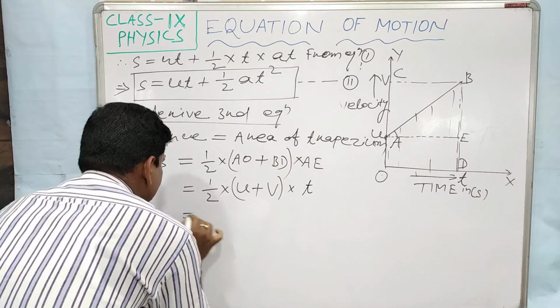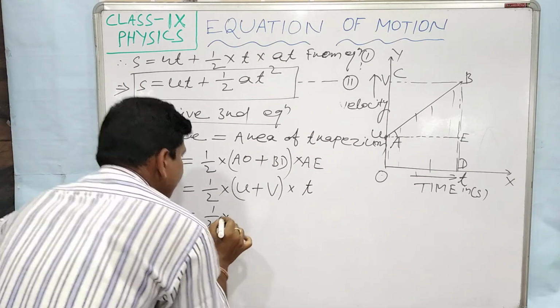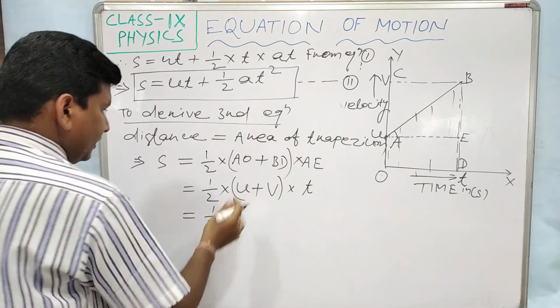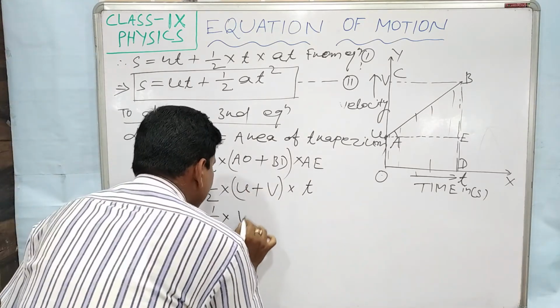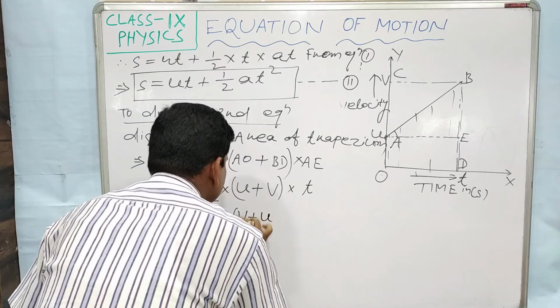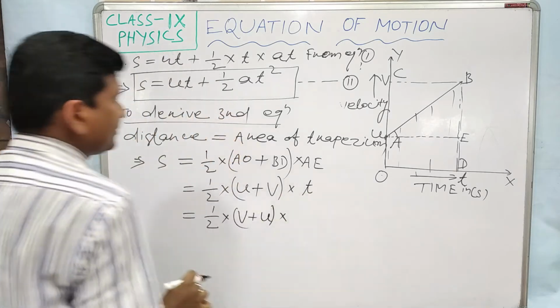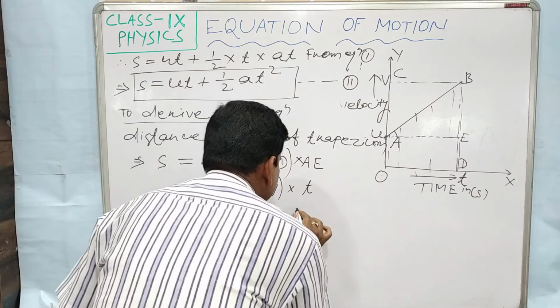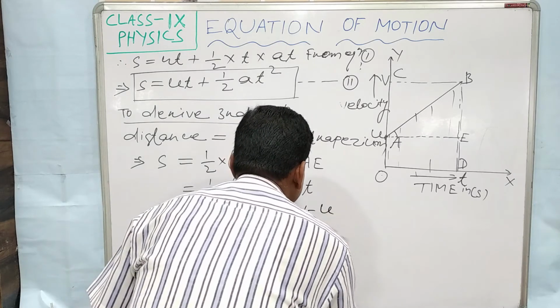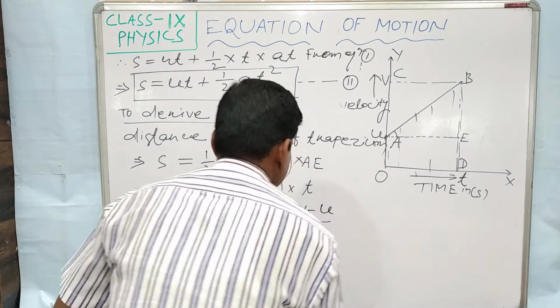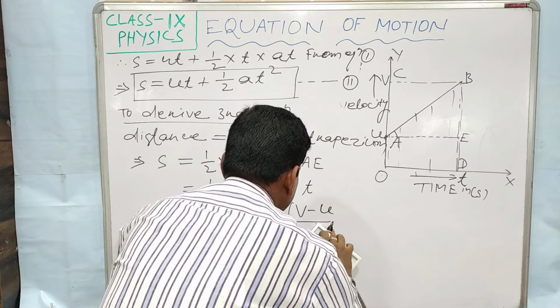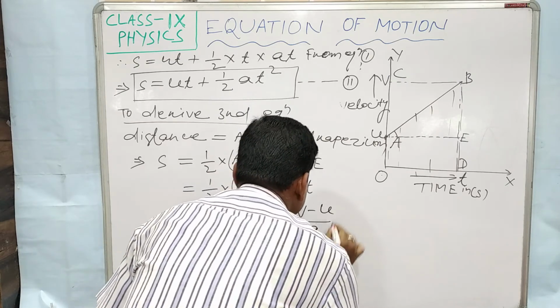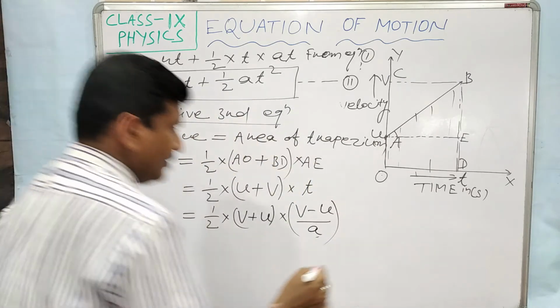So that is equal to 1 by 2 into, in place of U plus V we can write here V plus U, into, in place of T we can write over there V minus U by A. That is from equation number 1.